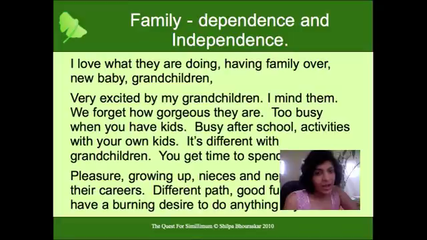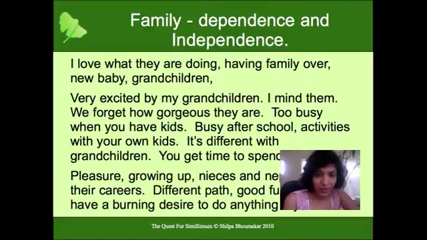So the moment we touch upon family, she says, I love what they're doing. I love having my family over, a new baby, a new grandchild, and I'm so excited by my grandkids. I mind them, I forget how gorgeous they are. It's too busy when you have your own kids, but once you have your grandkids, you have all the time for them.